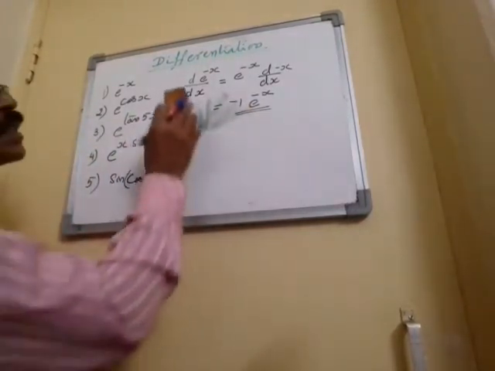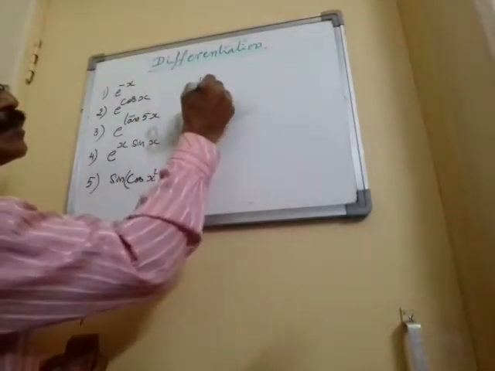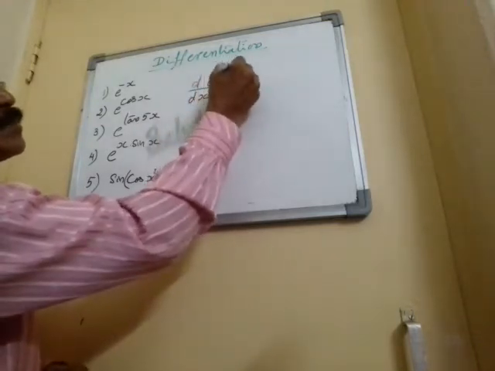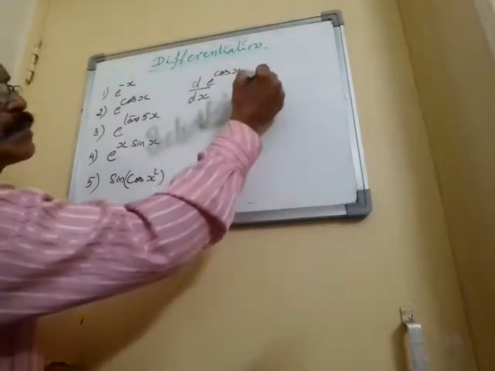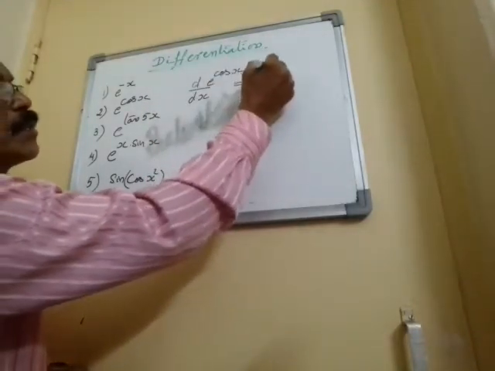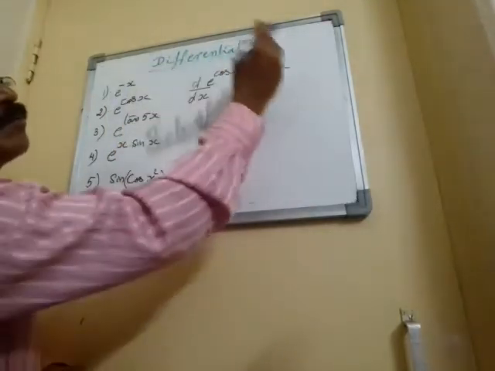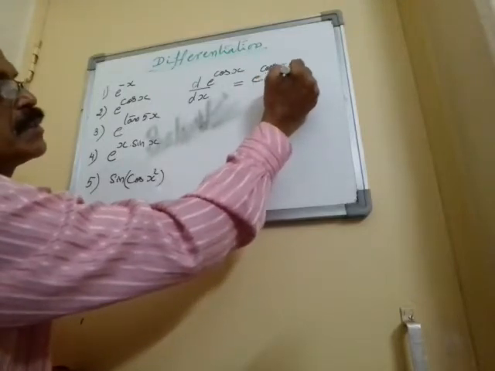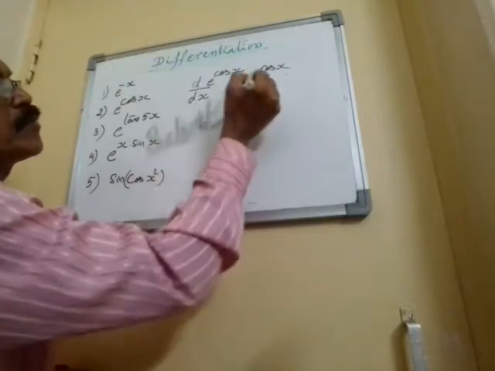Now see the second question, d by dx of e to the power cos x. So again we are using the same formula, e to the power x is e to the power x. So e to the power cos x is e to the power cos x. So what you are seeing in place of x, the same we repeat, but at the same time we have to differentiate the function which is in place of x.